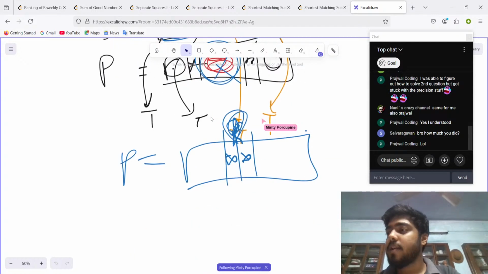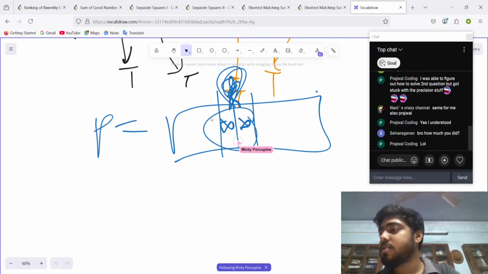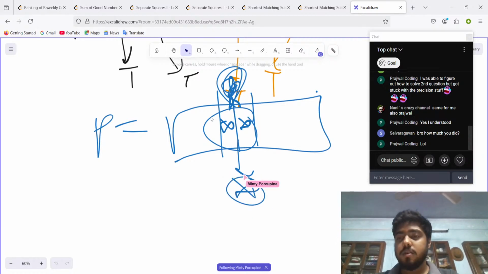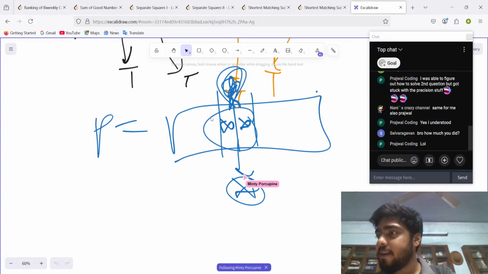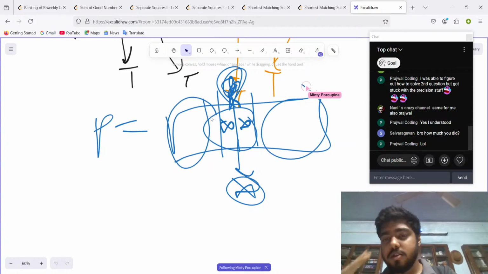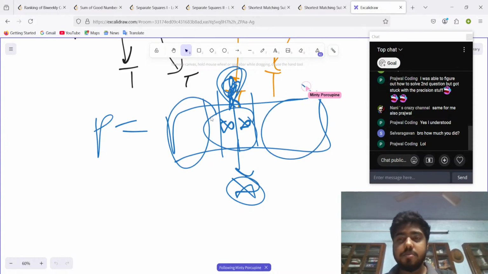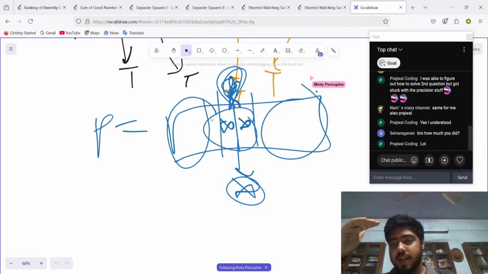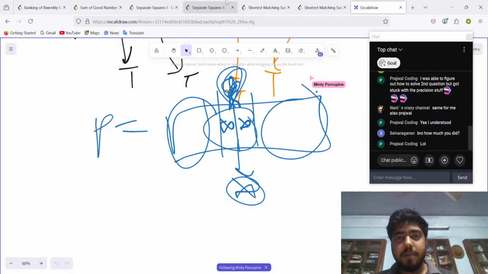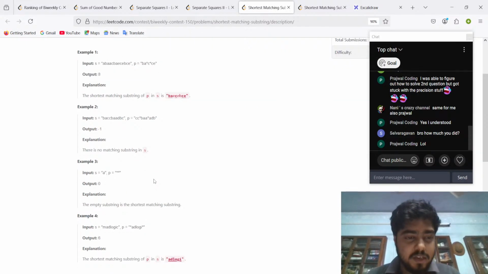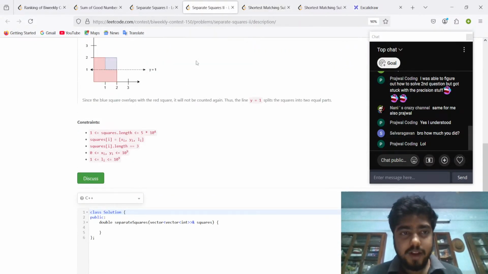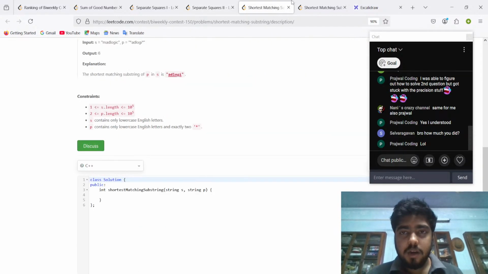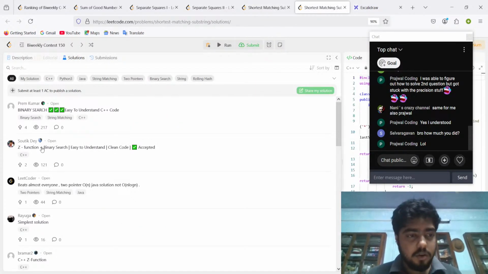In that case I can treat both the stars as just one star, and do the same thing as for the first case: find this and this, just two arrays. So this is also an exceptional case, but it can be solved with one of the cases that I have already explained. If you go through all the cases completely, you can make out a solution, but I couldn't do it within the specific time because I took a lot of time on the separate squares too. But I think you can go for it.